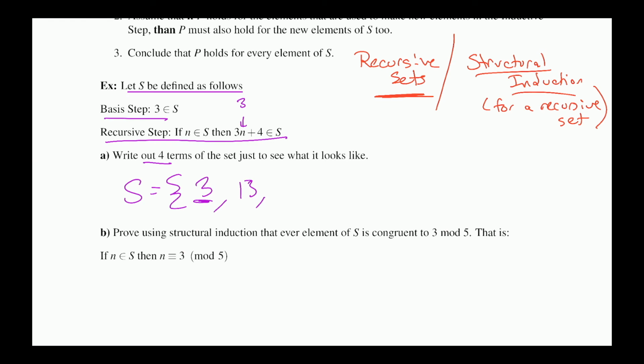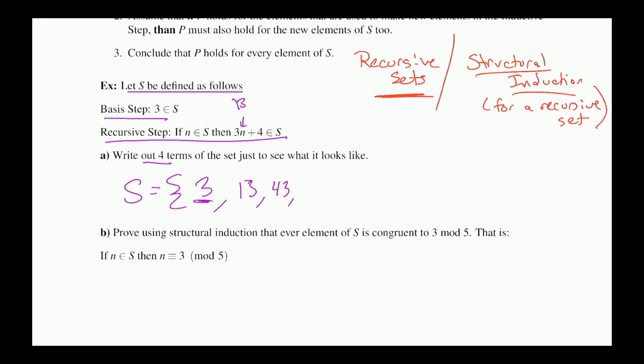All right, next thing. Now you have a 13 here, so you're going to put a 13 in for the n. So what's that going to be? 13 times 3 plus 4 is 43. That's the next one.